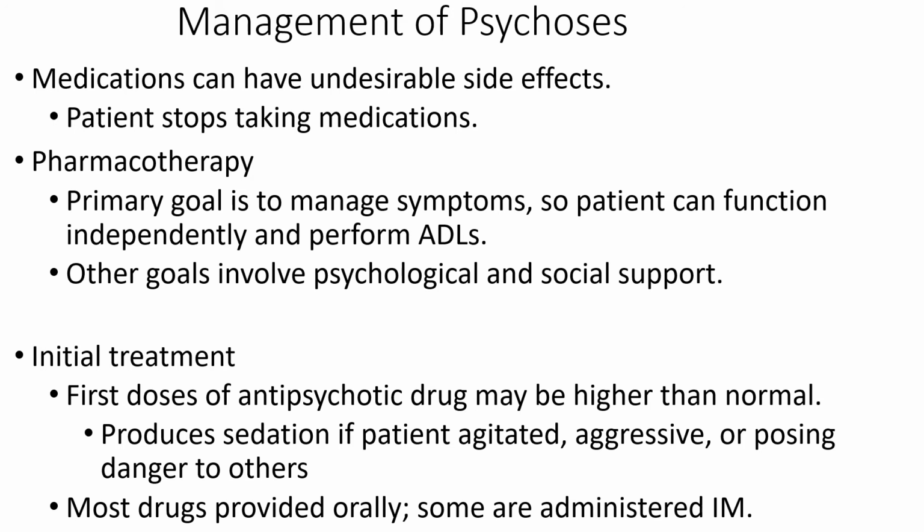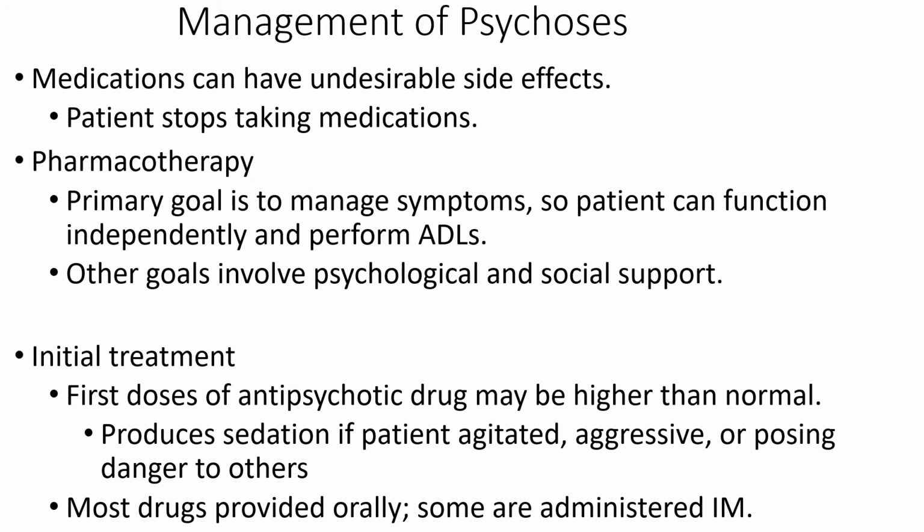Okay, and sometimes we can't use the medication orally. Some are administered intramuscularly when somebody presents with acute psychoses, since they won't take the medication orally. And also, we can use long-acting intramuscular injections that last 2 weeks or a month, and then we have the patient return for their next injection if adherence to the medication is a problem.